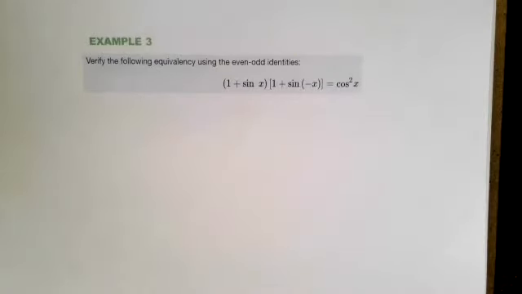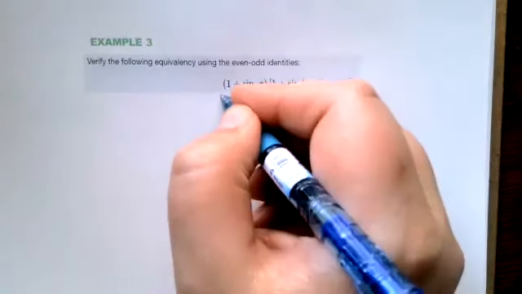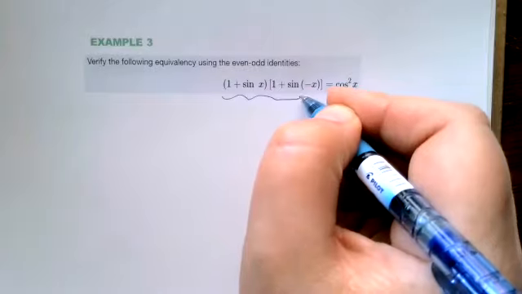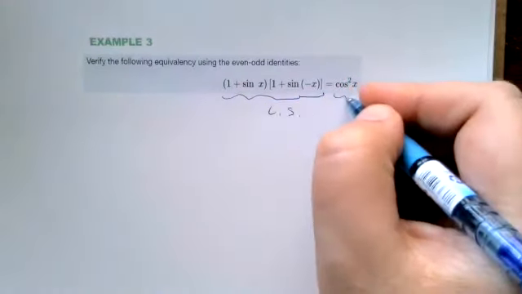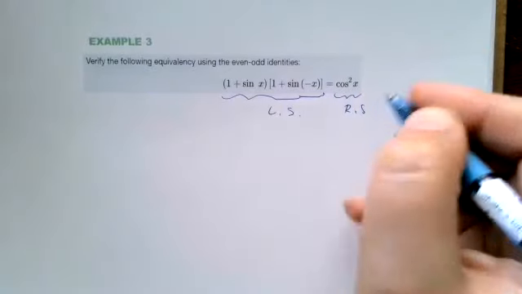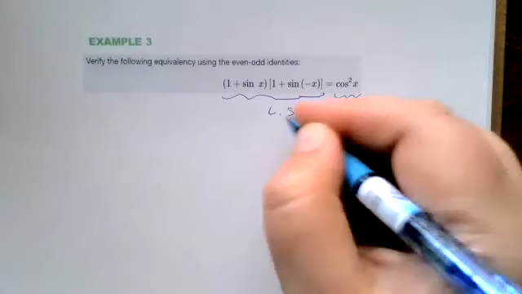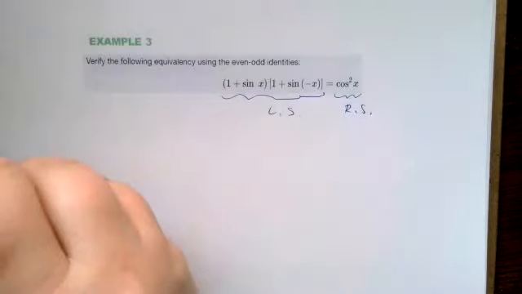Next example, verify the following equivalency using the even odd identities. Okay, so again, we have the left side of the equation and the right side, which is way less complicated. So we're going to start with the left side.